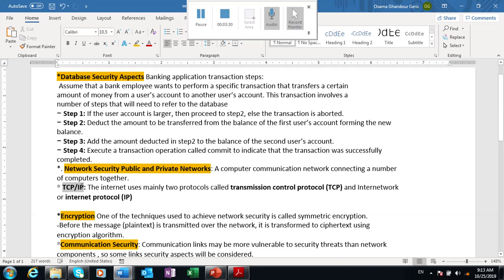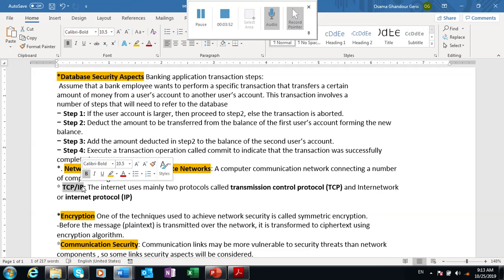One of the most important protocols is the TCP over IP protocol. The internet uses mainly two protocols called the transmission control protocol and the internet protocol, which is related to giving the IP address for the computers involved or contained in this network.